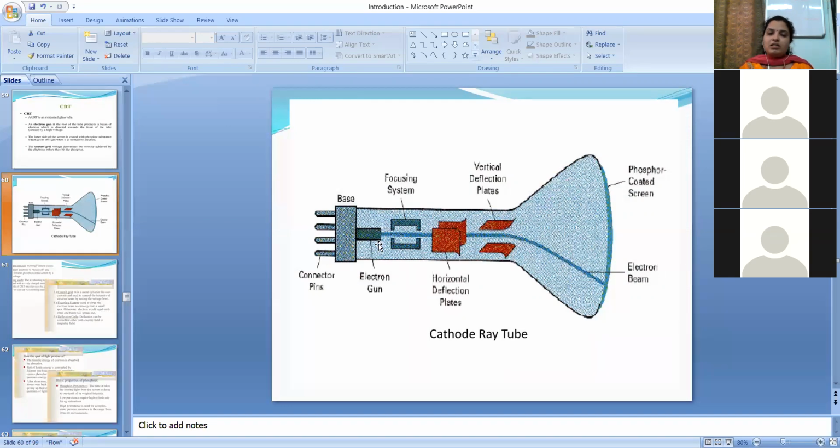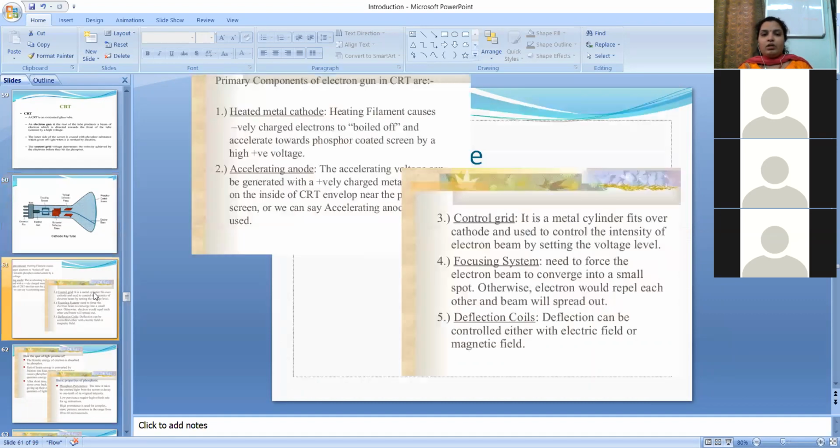As the charge is negative on all the electrons, they will repel each other, which will result in a scattered beam of electrons. To remove that, this focusing system is used, which will concentrate the electrons in the same path, and it will prevent scattering. So the focusing system is used to prevent scattering.